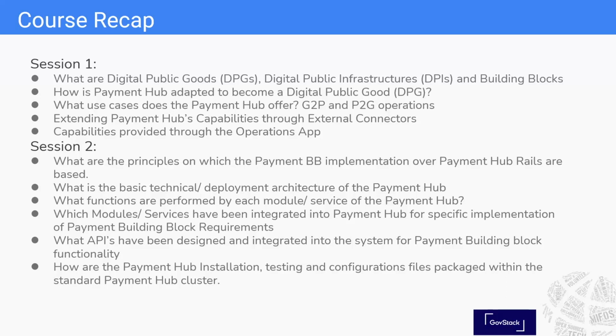Also, the architecture outlined the underlying requirements from the payment building block working group, as well as general requirements of interoperability, how it could be scaled, how it has a modular approach, as well as the presence of various connectors, which could be developed by users of the community and could be used by anyone who is deploying that to be able to communicate with external entities as well.